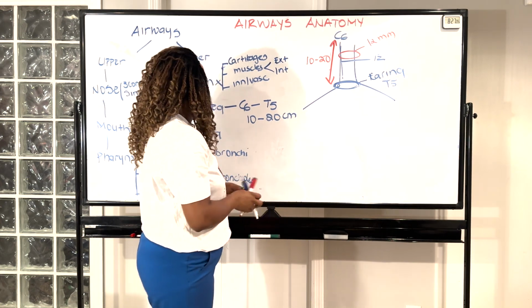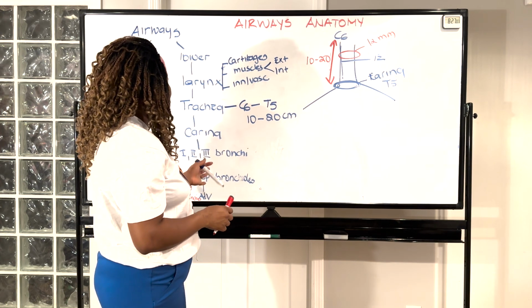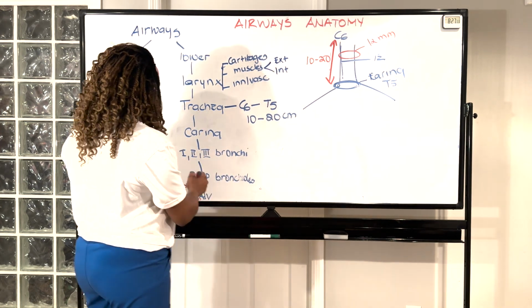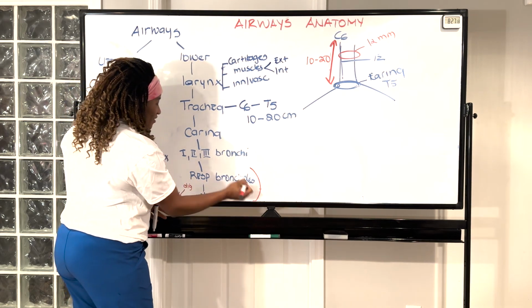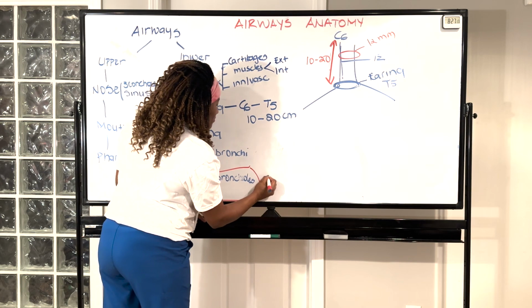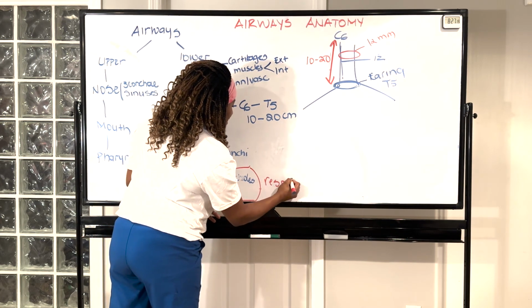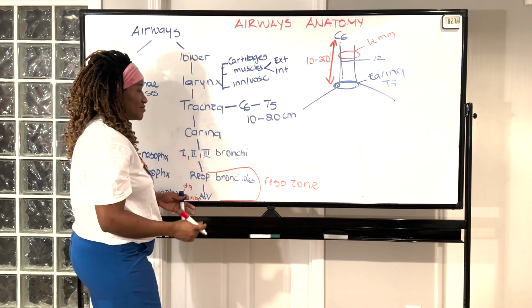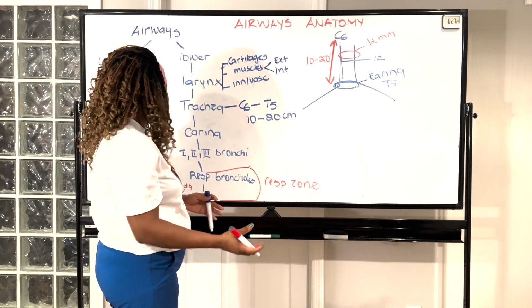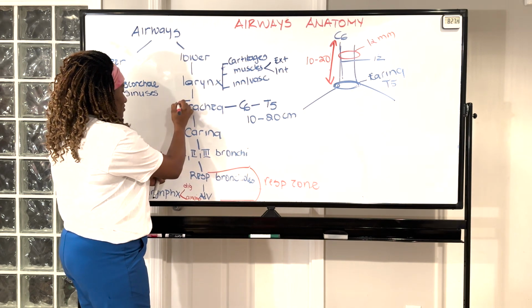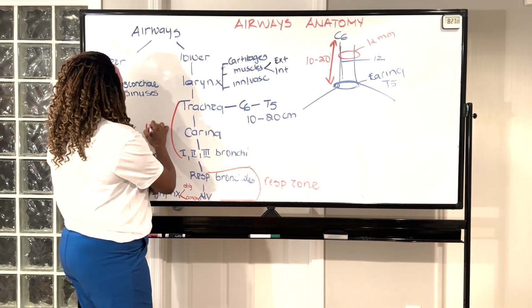And then you have your carina, you have your bronchi, your respiratory bronchi. Your respiratory bronchi and your alveoli are what we call the respiratory zone, because these are involved in the exchange of gases. But your primary, secondary, and tertiary bronchi from your trachea are called your conducting zone.